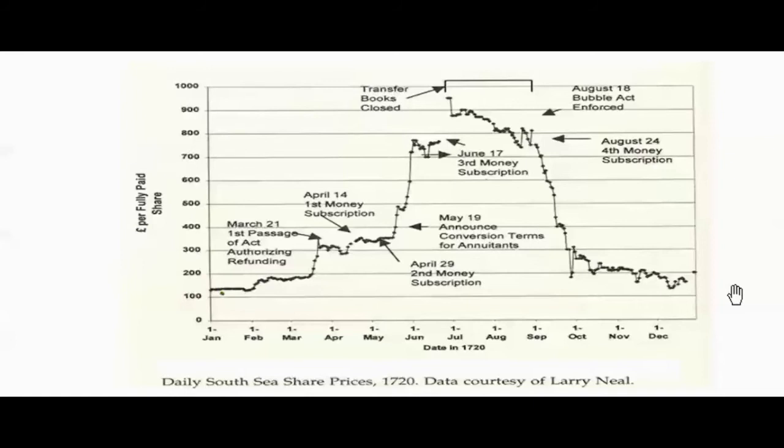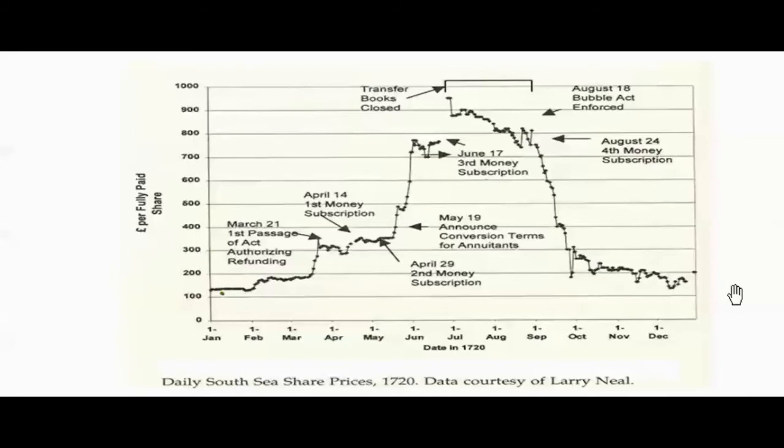And the UK government at the time gave this company, the South Sea Company, a monopoly over trade that's going on in that part of the world, basically on the sea. And this is why it's called South Sea Company. So it was getting this monopoly. So basically, if you have a monopoly, you're going to be making lots of profits if trade starts kicking in. And this is what the story was.